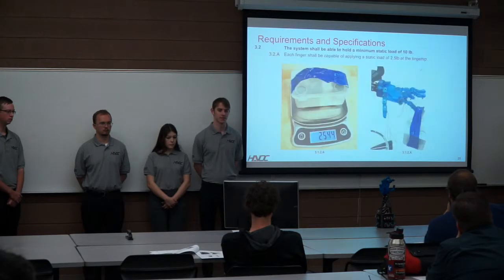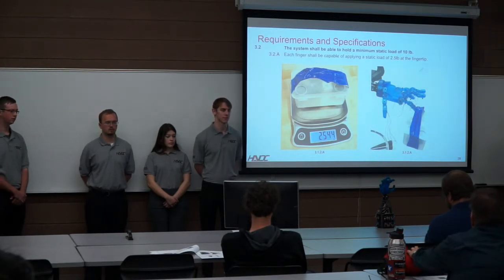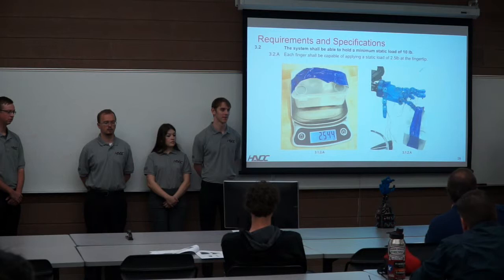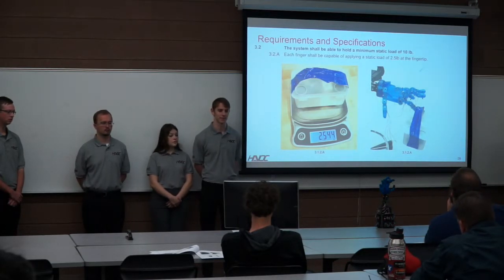Next, we decided that the hand should have a carrying capacity similar to that of a normal human hand. We decided on 10 pounds as roughly an estimate of half of a container of water bottles. To meet this, we had to design each of the fingers to individually hold 2.5 pounds.